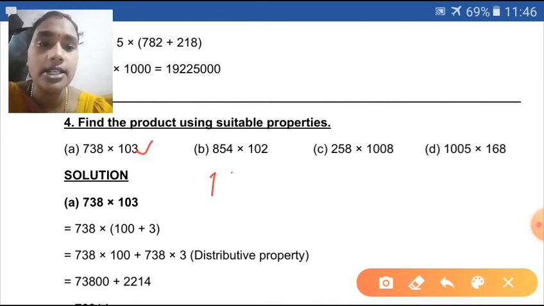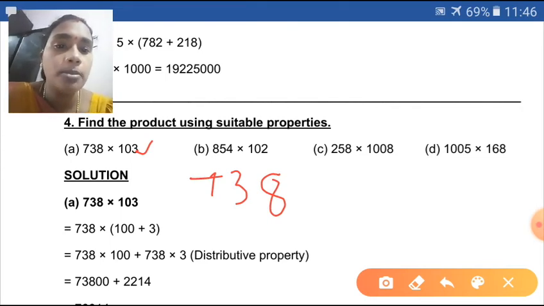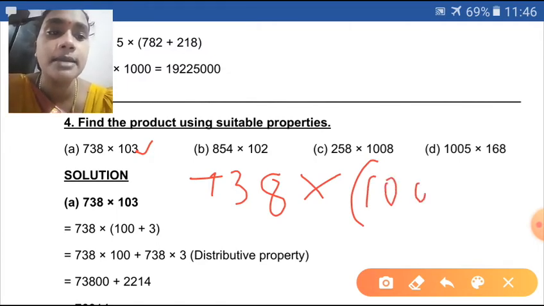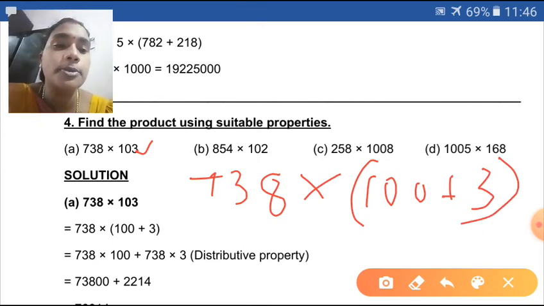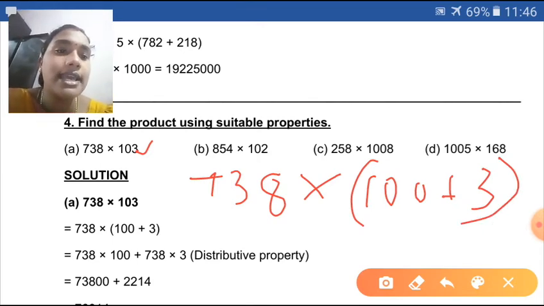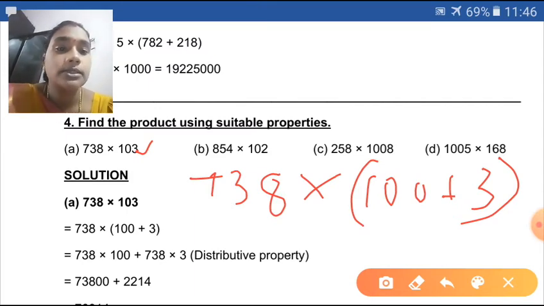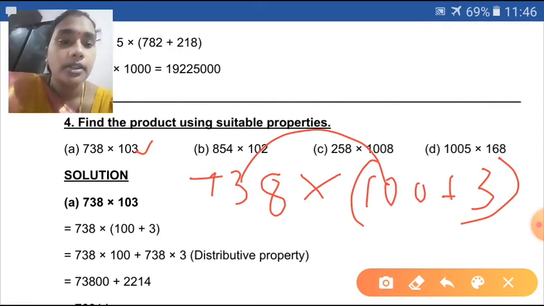Just take 738 towards your left hand side, followed by the product symbol, and 103 you can split as 100 plus 3.